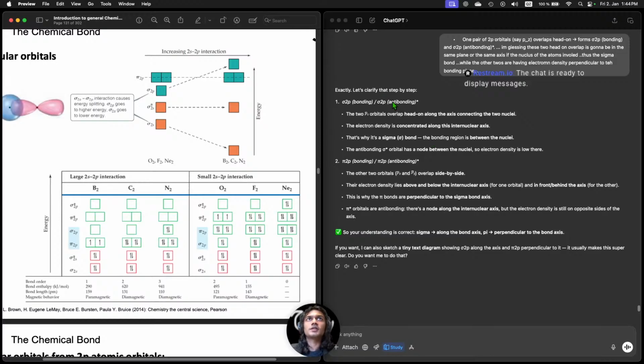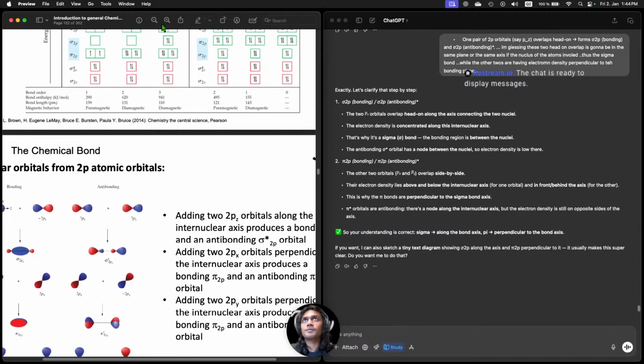Exactly, let's clarify step by step. Sigma 2p bonding, anti-bonding: the 2pz orbital head-on along the axis connecting the two nuclei. Electron density is concentrated along this nuclear axis. That's why it's a sigma bond. That's what I thought.